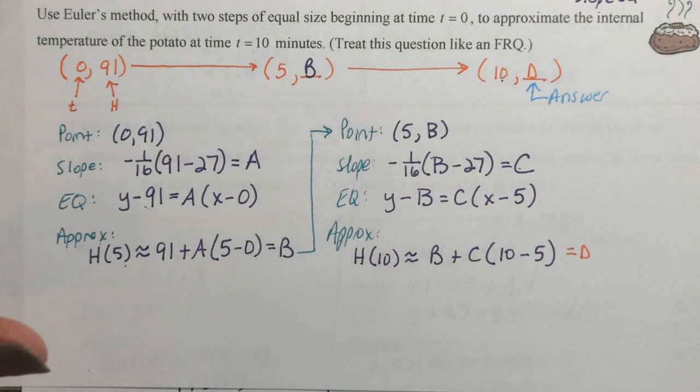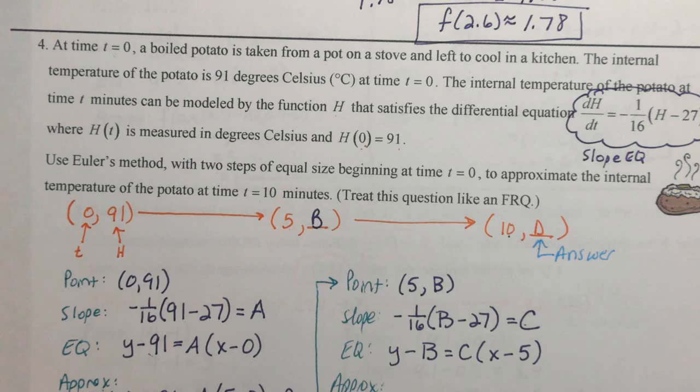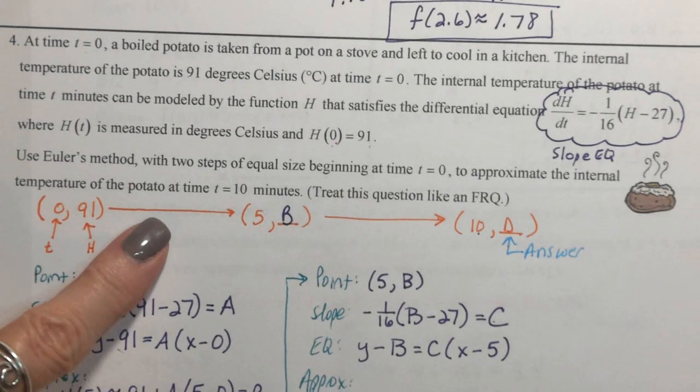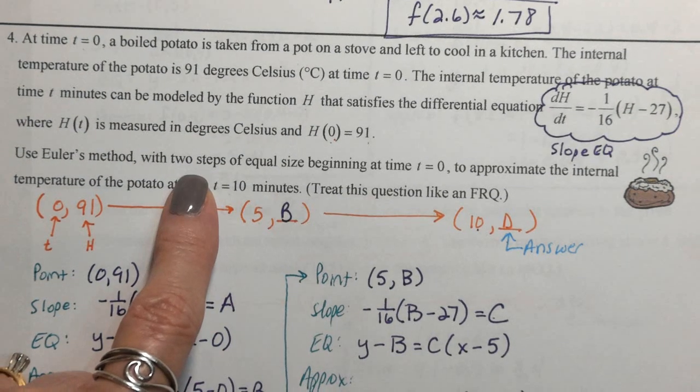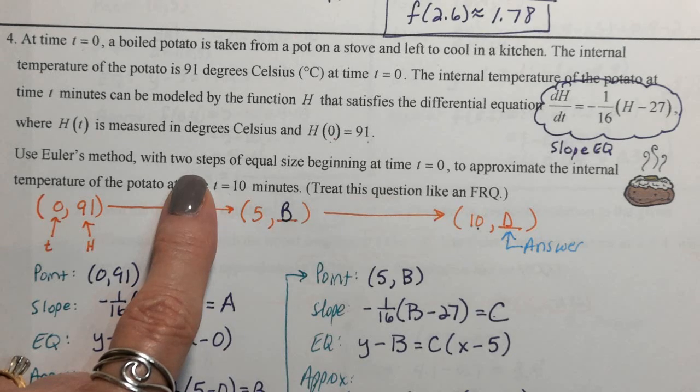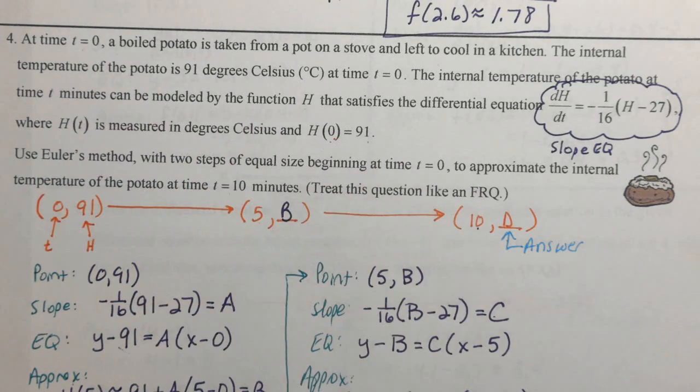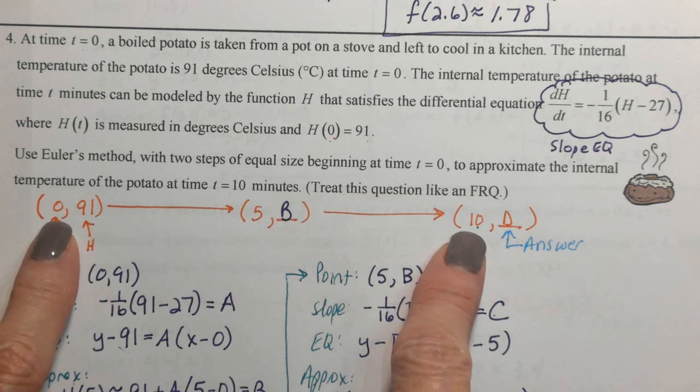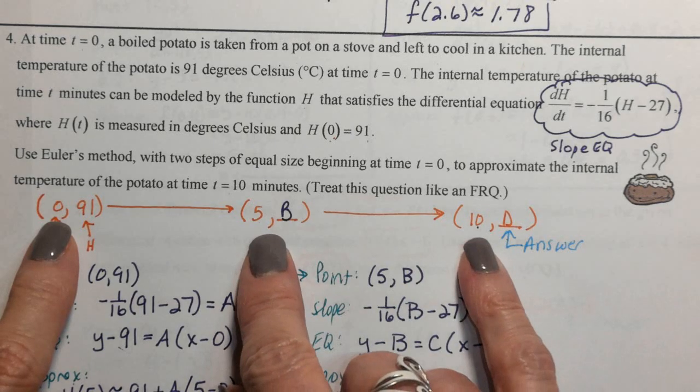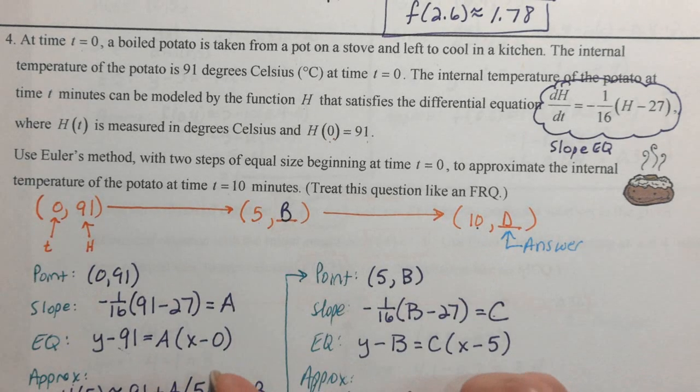Now, you may be wondering, in all four of these examples, we only used 2 steps, didn't we? Of course, you could have more steps. And to get from 0 to 10, if you wanted a very, very accurate answer, you would use more than 2 steps to get there, okay?